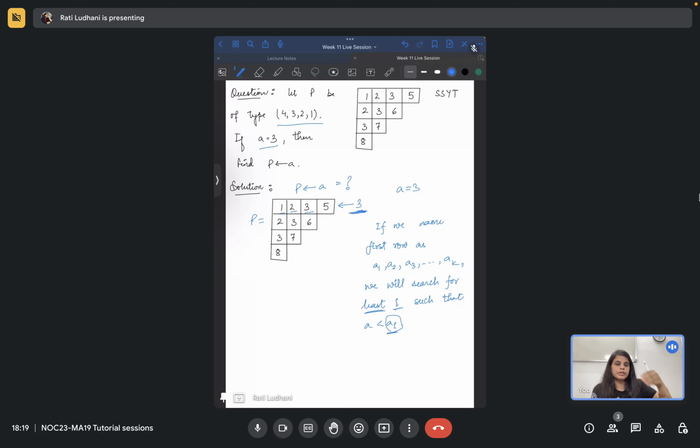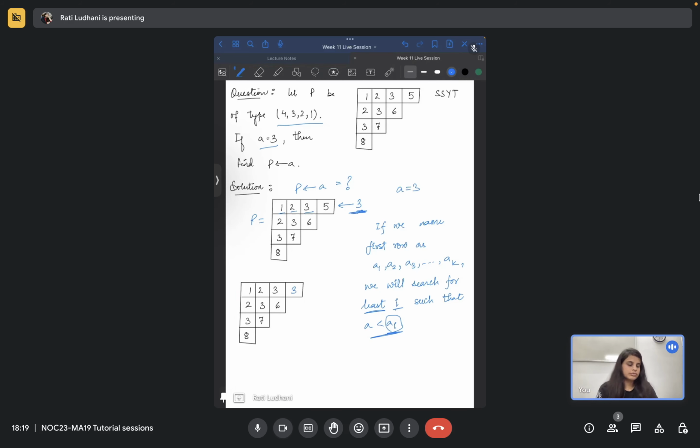For example, if it had been 4 and 5, we would search for 4 only. So just replace 5 by 3. Is that clear? The first row is now 1 2 3 3.